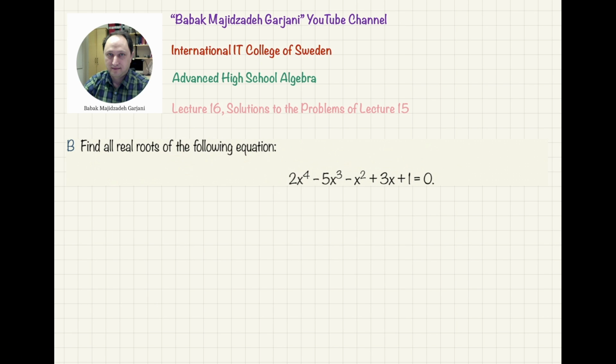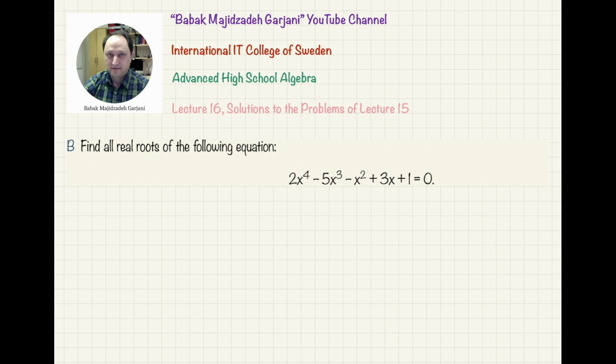It means that we somehow have to factorize this polynomial into factors with lower degrees, and then use the zero product rule to put each one of those factors equal to 0, and those factors have smaller degrees, and we know how to deal with them. So that is the idea behind this.